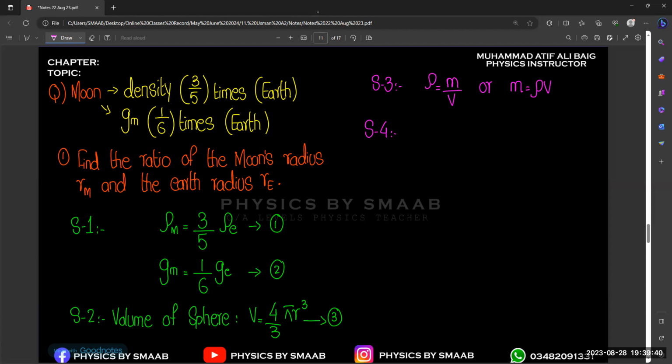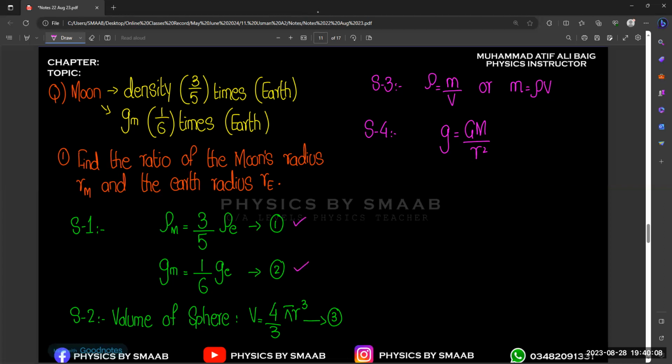Then the fourth step is the value of small g. So basically the value of g will be, right?